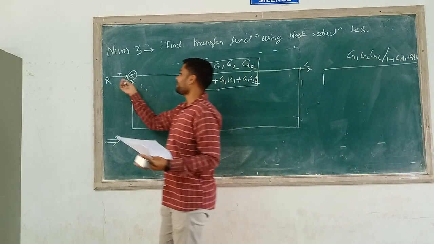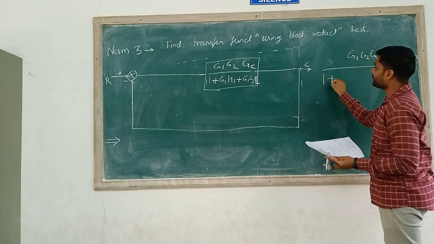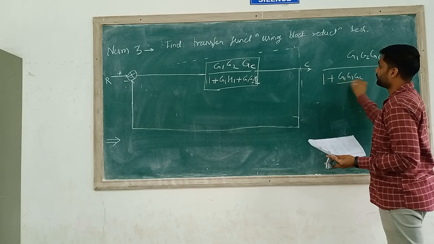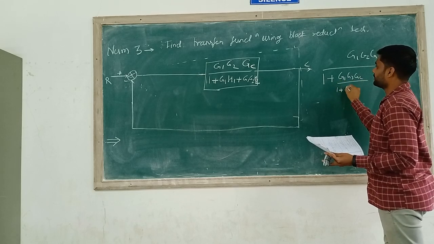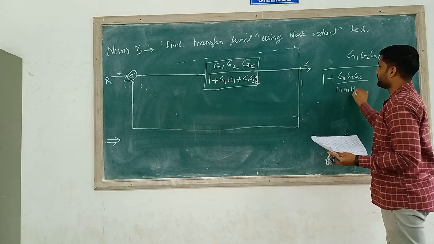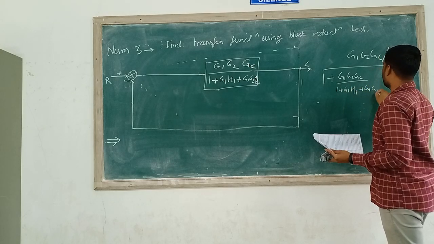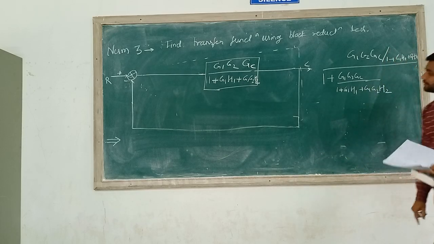As the minus sign is present here, we need to take plus: 1 plus G1 G2 GC upon 1 plus G1 H1 plus G1 G2 H2. Okay.